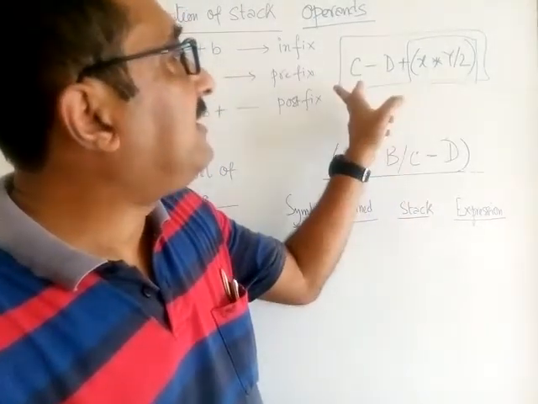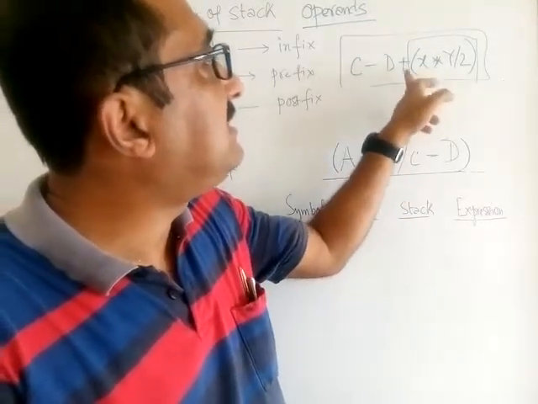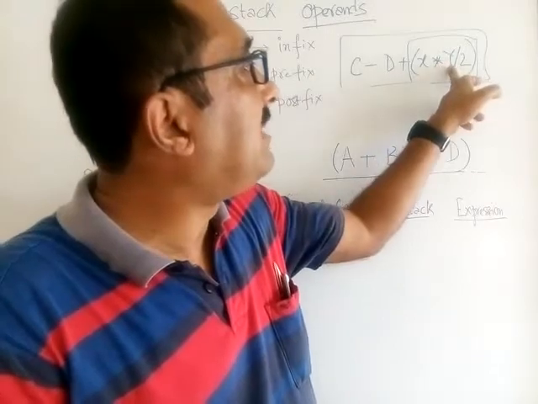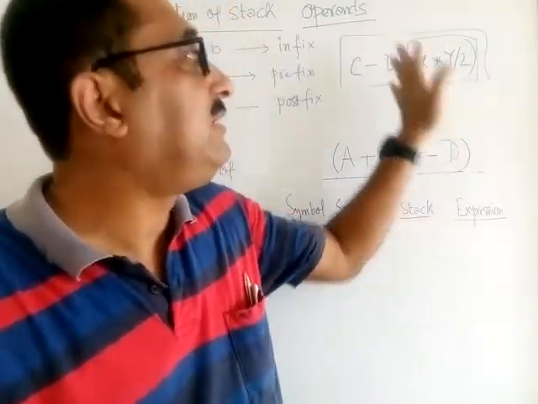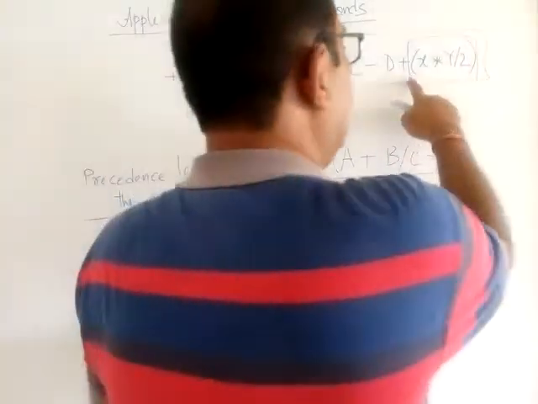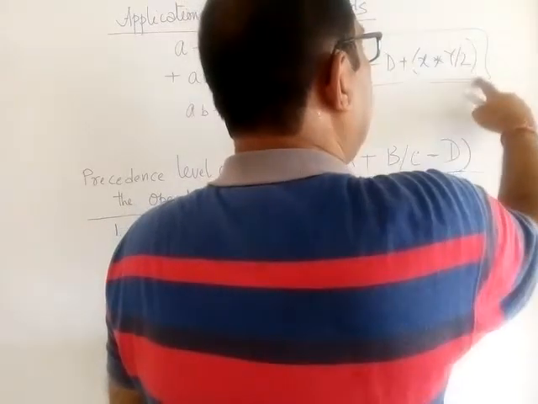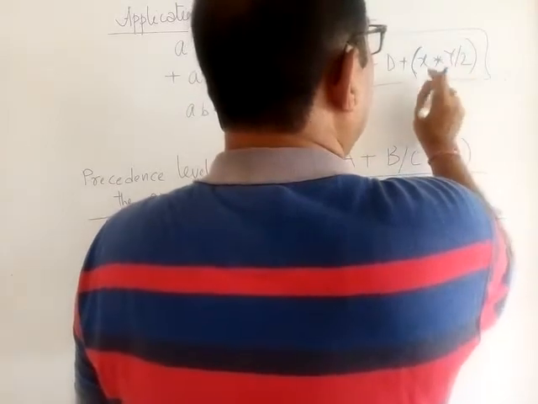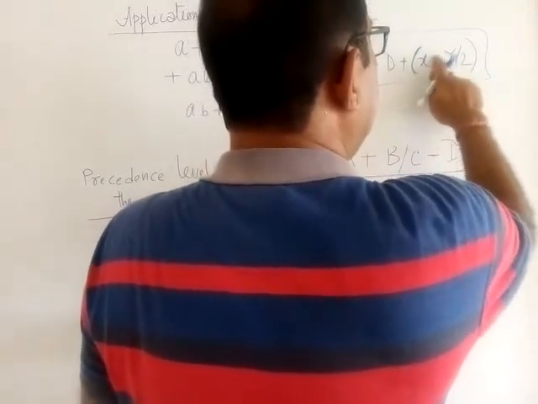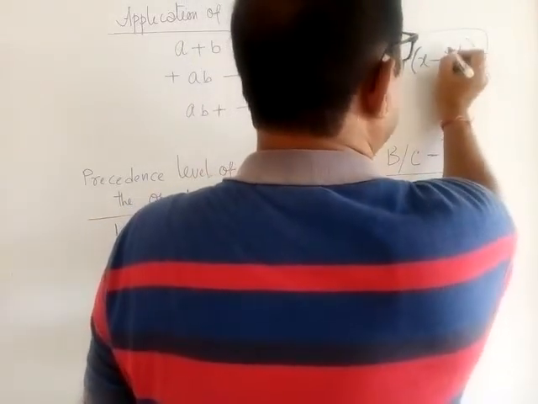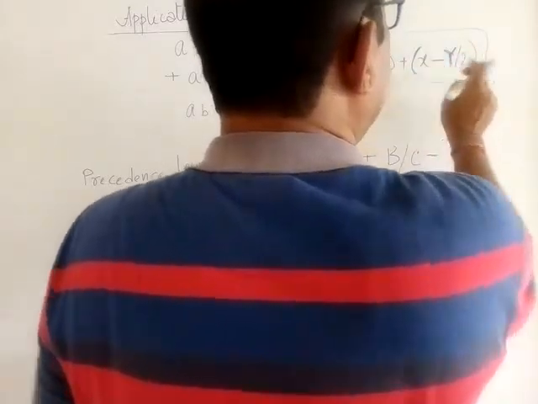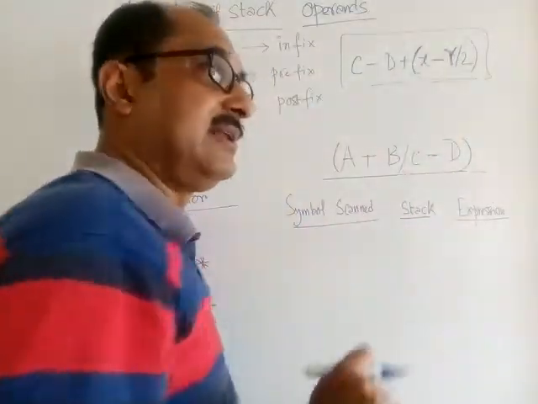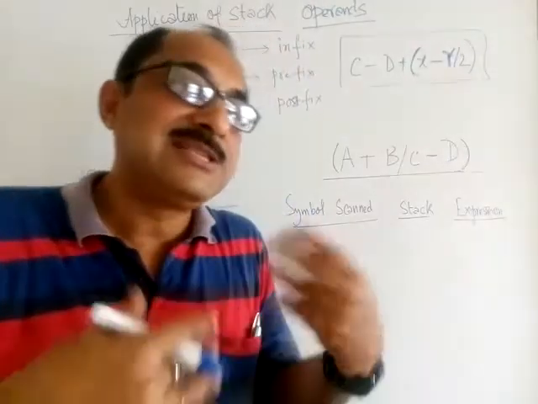Now logically, if I write an expression like this, c minus d plus x multiplied by y divided by 2. Now we know here that since the bracket is there, this job I must complete at first in order to get it right. And say, imagine we have a minus sign. So obviously we know that we have to do the division at first in order to get the correct result. So we know all these things logically.